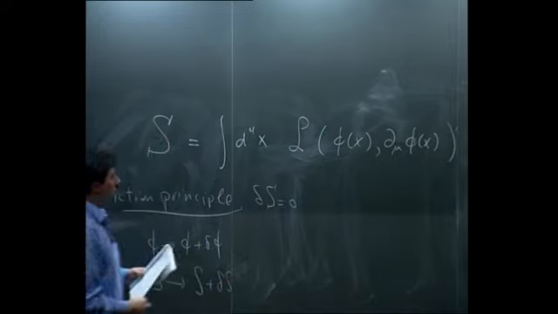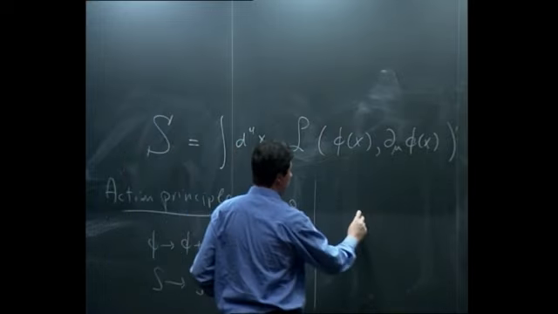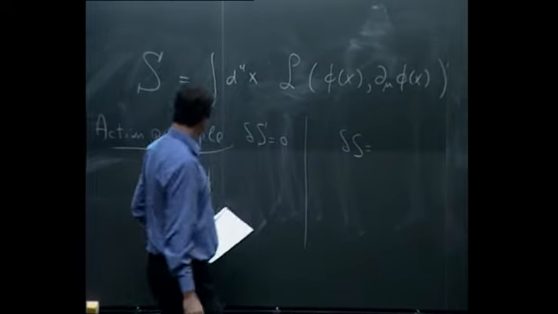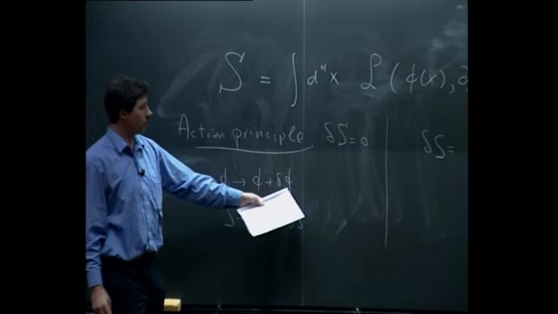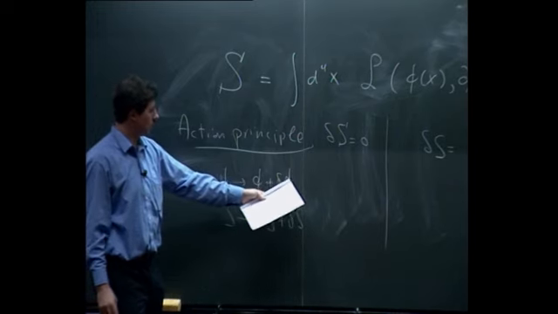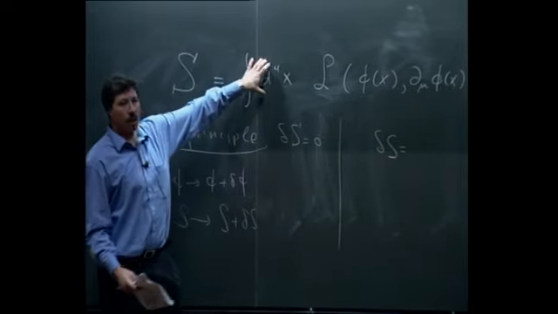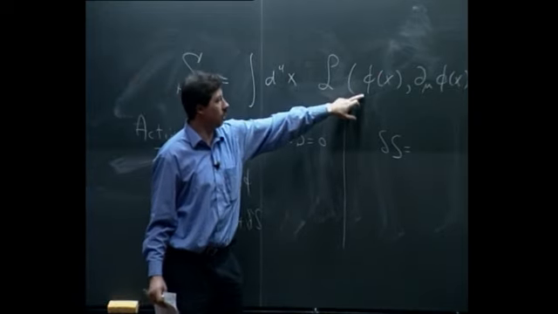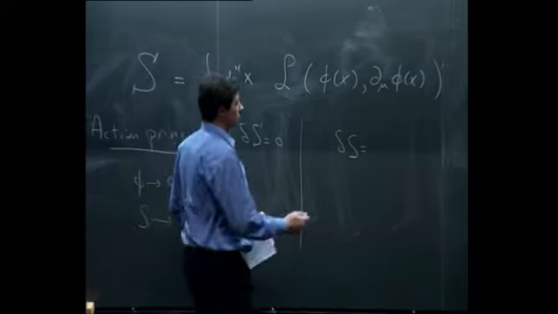So let me write down the variation of S. If I vary the field phi to phi plus some small variation delta phi, I vary the action inside the integral. I vary phi and I vary the derivative of phi, so there are two contributions.